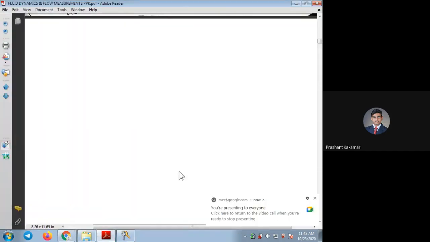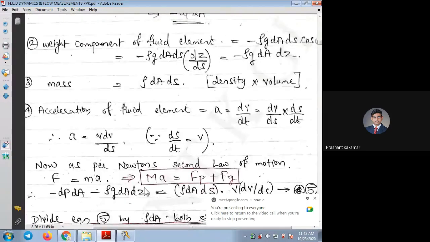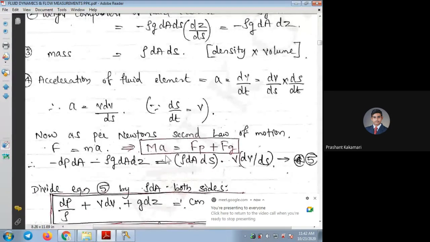Only steps means you can see here, what we need is the total force applied to the given fluid in terms of pressure force and gravitational force. And from Newton's second law, to simplify the equation in the future, we may also require mass into acceleration.